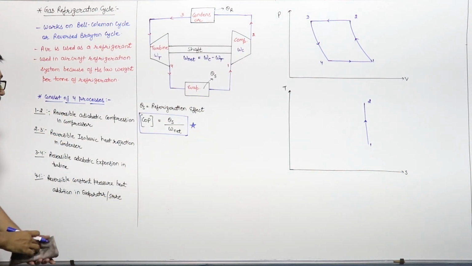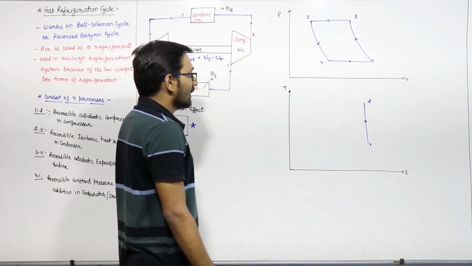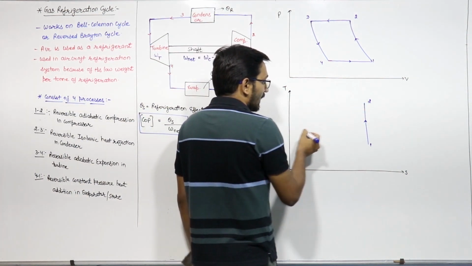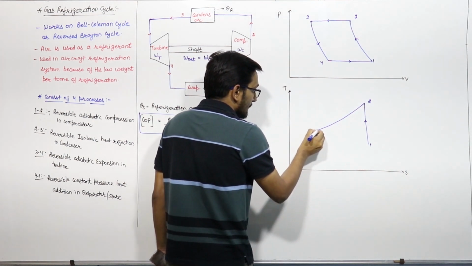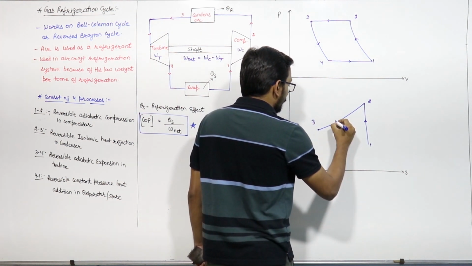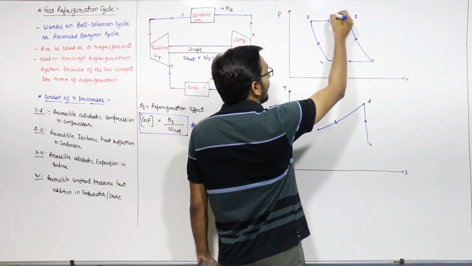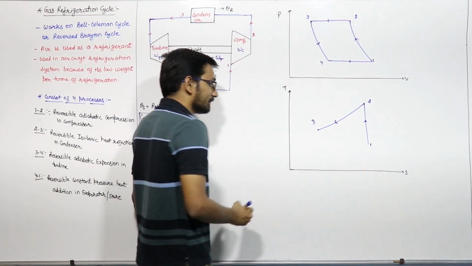Next is heat rejection. If heat is rejected, then temperature will decrease at constant pressure, so the curve goes like this. Let us say this is point 3. I am drawing this in the anticlockwise sense because it is a work consuming cycle.